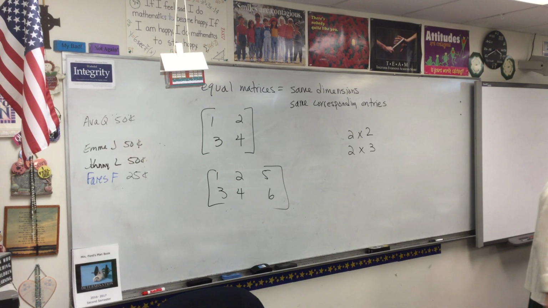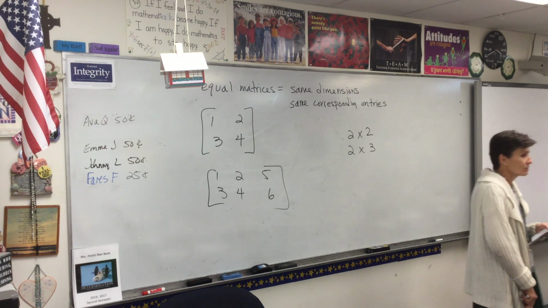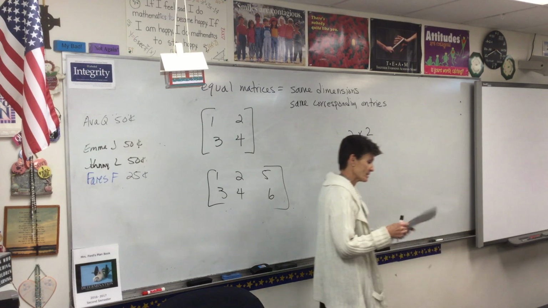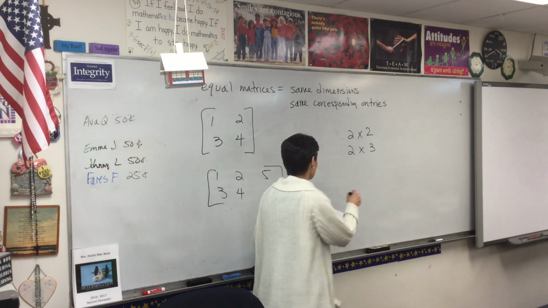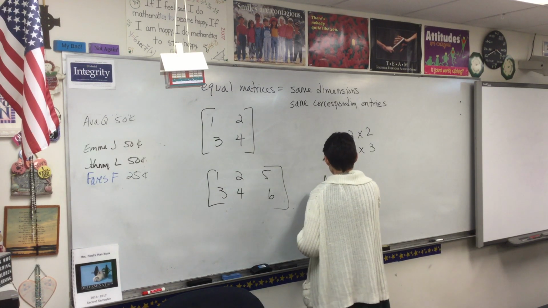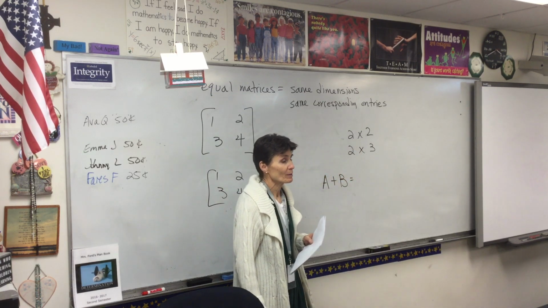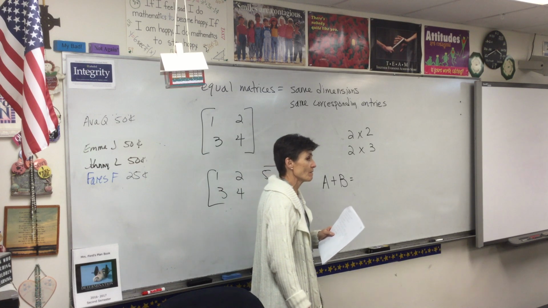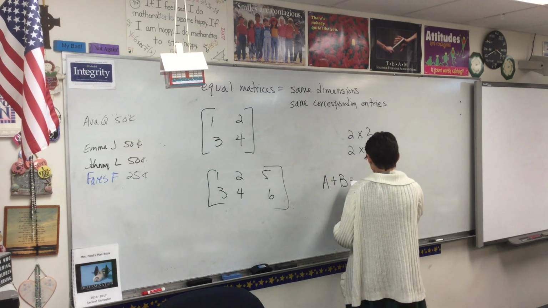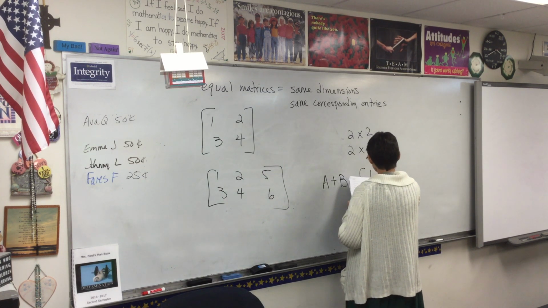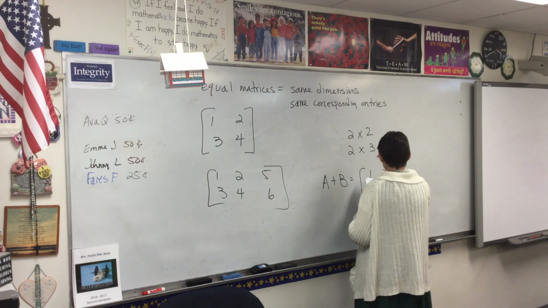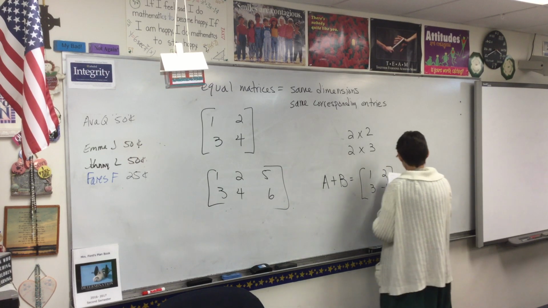There isn't one. That's a trick question, because what do we not have? We don't have a third row. You can't have a 3, 1 entry, so there isn't one. Well, we write no solution. In matrix land, there are going to be a lot of things you can't do because the rules are very specific. So one of the things we can't do is add these 2 matrices together.